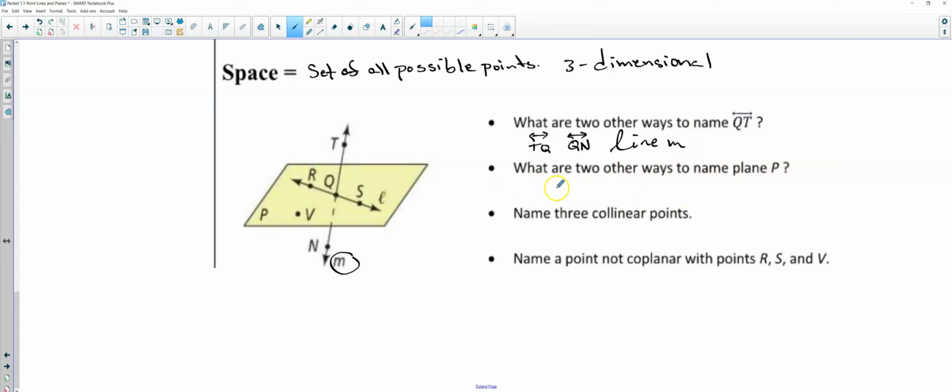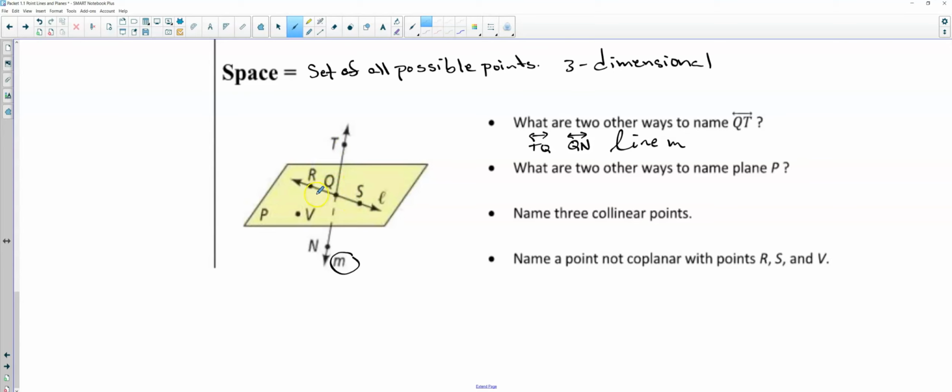And then it says, what are 2 other ways to name plane P? Well, plane P, which is this yellow plane right here, the yellow flat surface, we could name by plane P or any 3 non-collinear points, points that are not on the same line. In other words, we cannot name this plane RQS or RSQ because these points are on the same line.